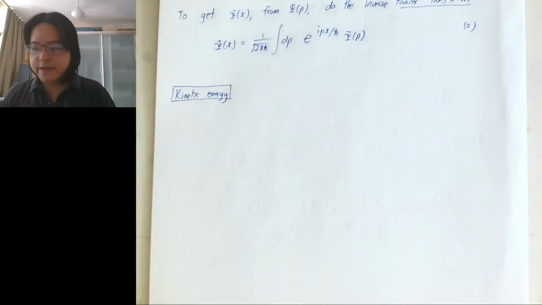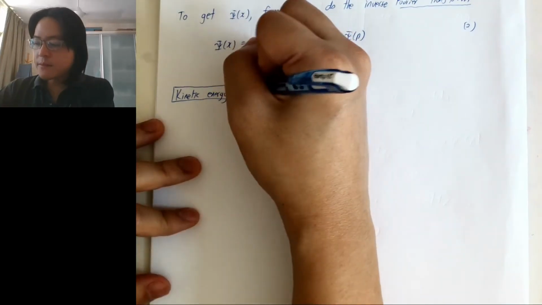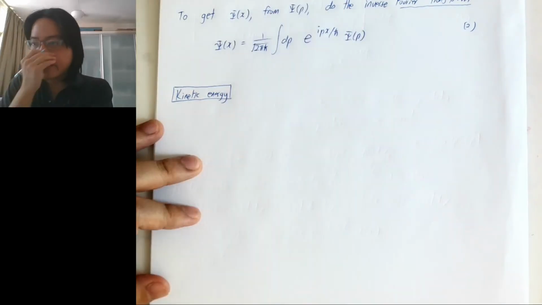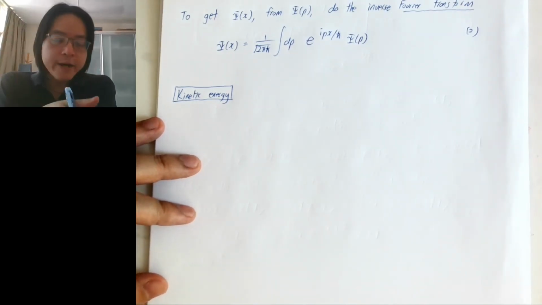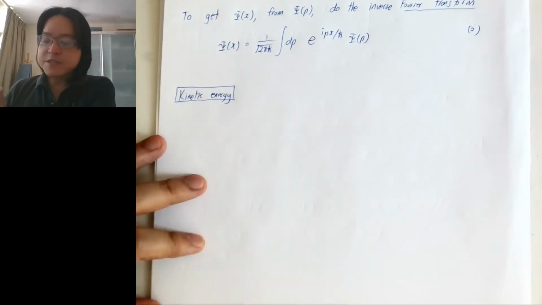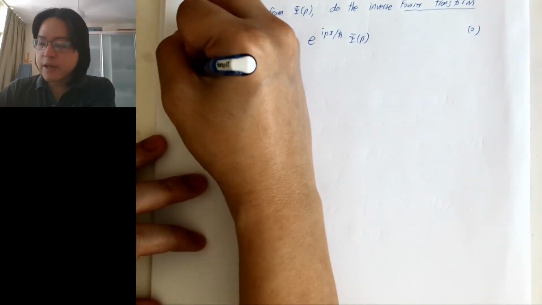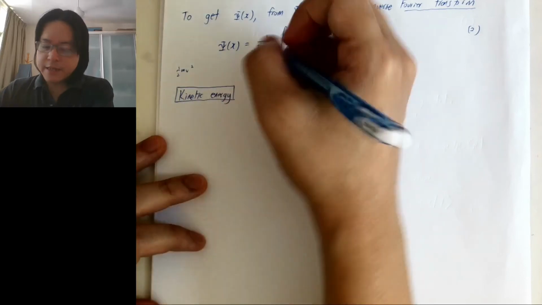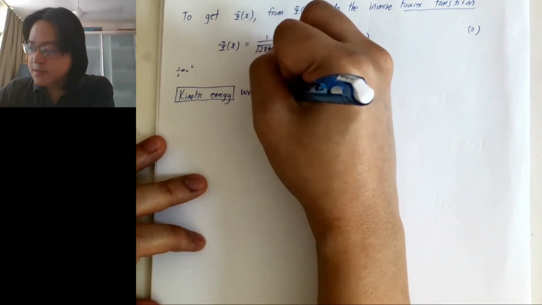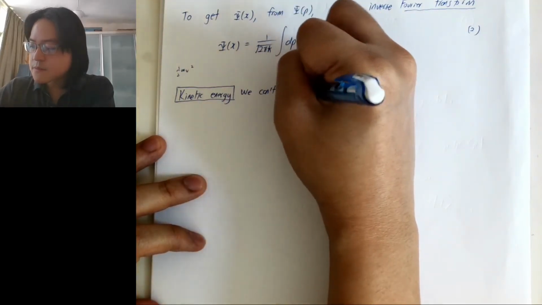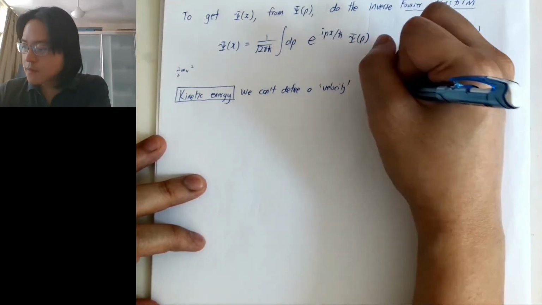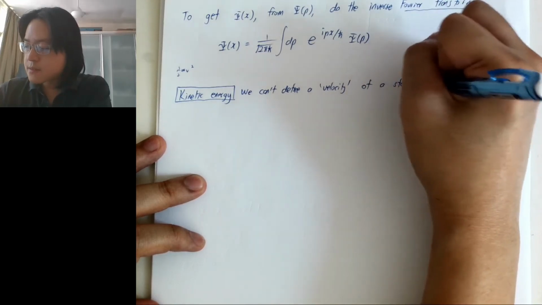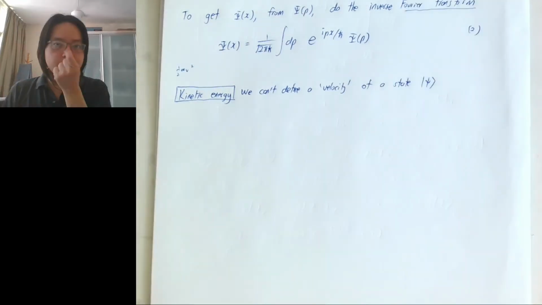Okay, so what's a kinetic energy? I did mention this in passing in the last class already. One of the issues, right, is how do we calculate the kinetic energy of a quantum particle? Well, kinetic energy originally was half mv squared, right? I need a velocity, but here we can't define the velocity of a state psi, because velocity is for particles.